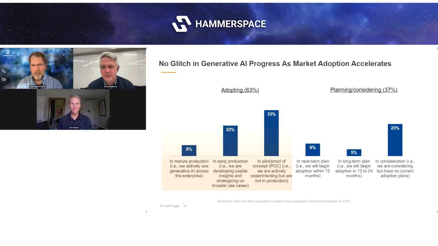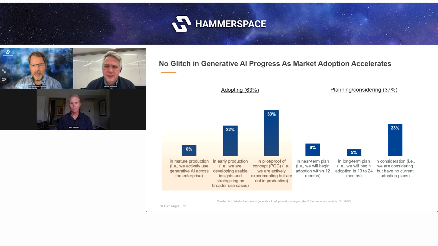So about 63% are in pilot or proof of concept, in early production, or even some of them say that they're in mature production. That's interesting to understand, what mature looks like. We certainly speak to some organizations that have made an investment in AI and Gen AI, and they've seen an immediate return and a doubling down on it for sure.